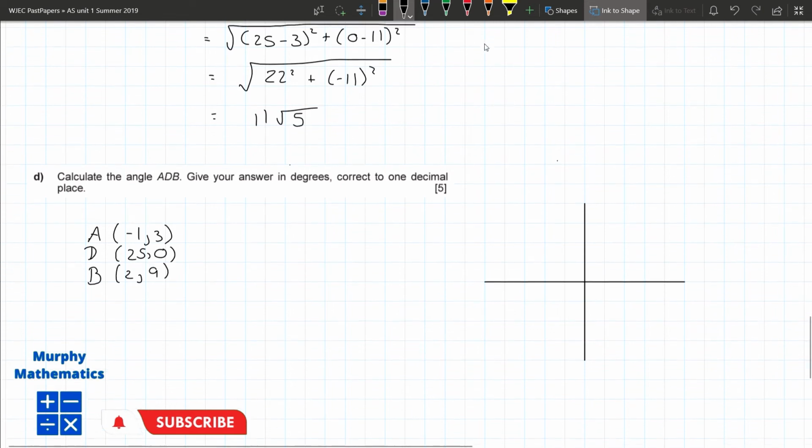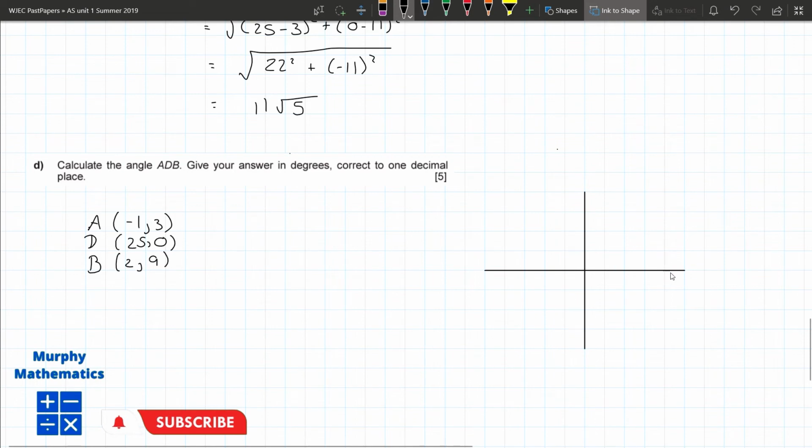Okay, right, let's mark our points then. So we'll go up on the right in 5s, so we've got 5, 10, 15, 20, 25. Go up in 3s, 3, 6, 9. Okay, so marking point A, -1, 3, and that's going to be about here.